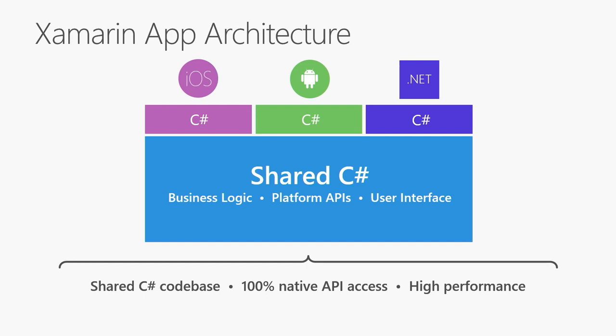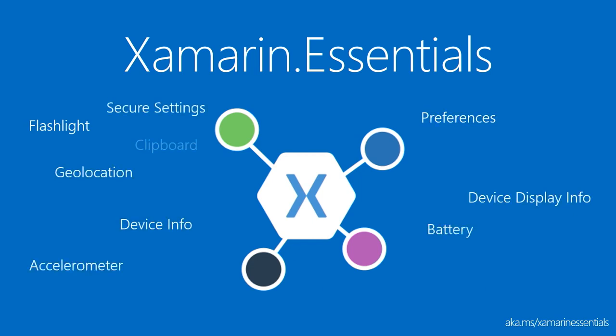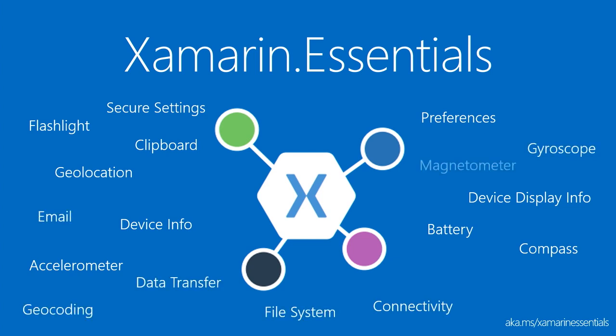But how do I actually talk to all those native things when I want to access things like GPS or phone? Well, the amazingly smart folks on the Xamarin team have this really cool library called Xamarin Essentials. Instead of having to directly invoke each platform's APIs for things like email, geolocation, battery status, or whether I have a network connection, you can use the Xamarin Essentials library, and it does all of those things in a platform-independent way, yet taking advantage of all the features of those platforms.